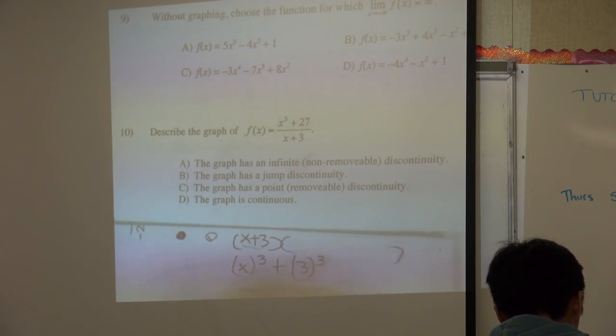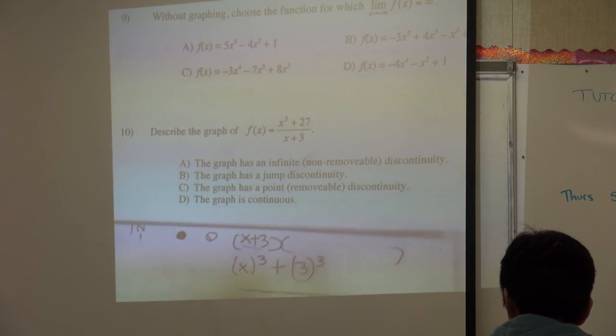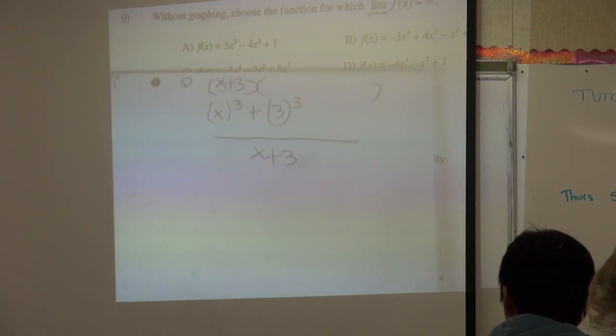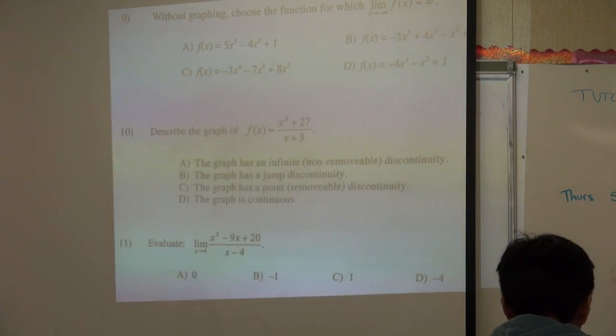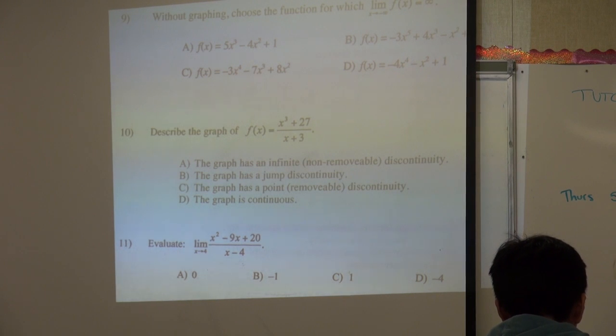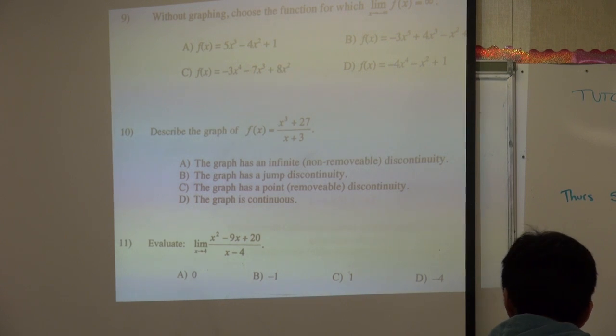And if you have an x plus 3 over an x plus 3, the x plus 3 is going to cancel, making the discontinuity a point removable hole. The correct answer is C.